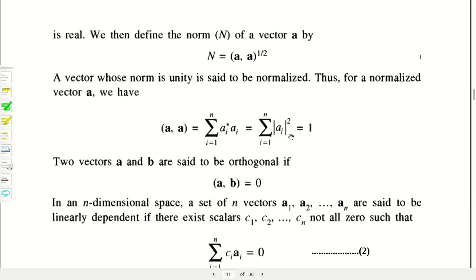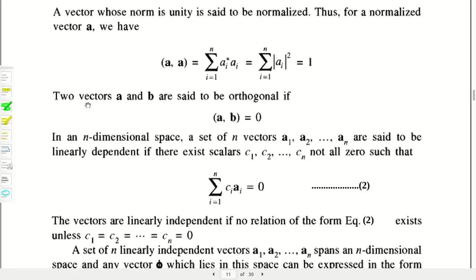Okay, if it is not normalized, then it is not equal to 1, but some positive value. If two vectors a and b are said to be orthogonal, that is a comma b should be 0.